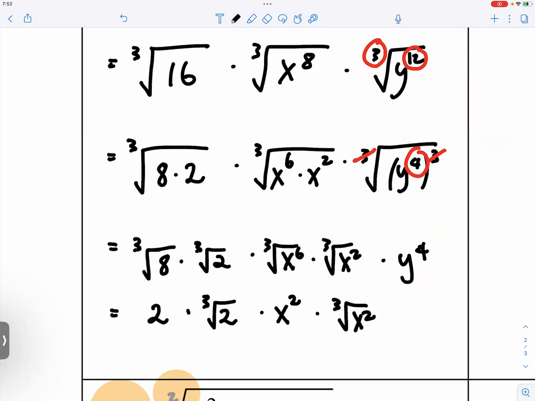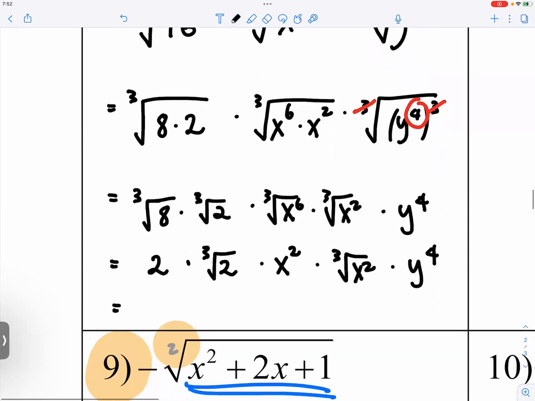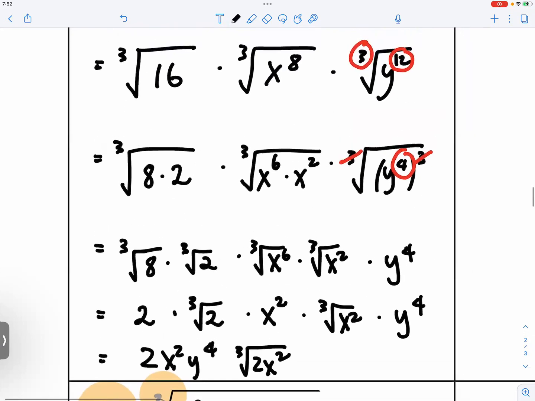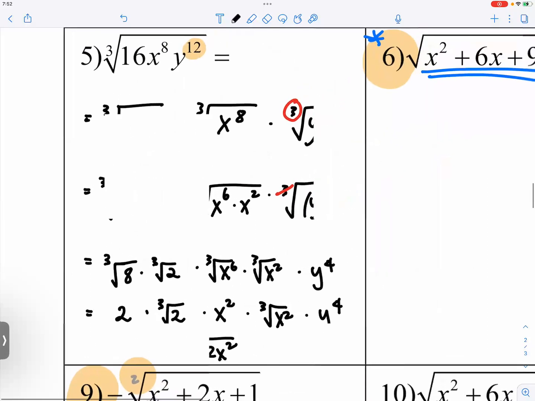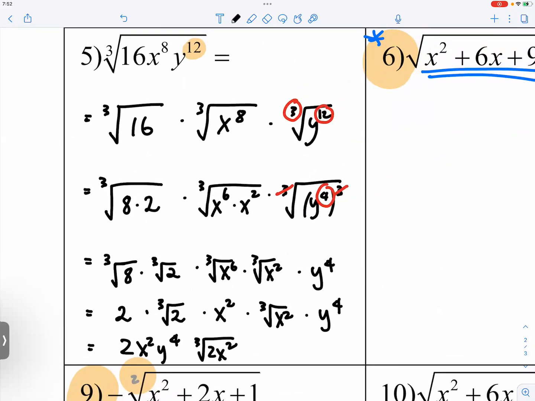Cube root of x squared, can't do anything about it. And then y to the fourth power. So you group all the ones outside the roots together: 2x squared y to the fourth, and then you have cube root of 2x squared. It's a bit of work. That's how you simplify things.